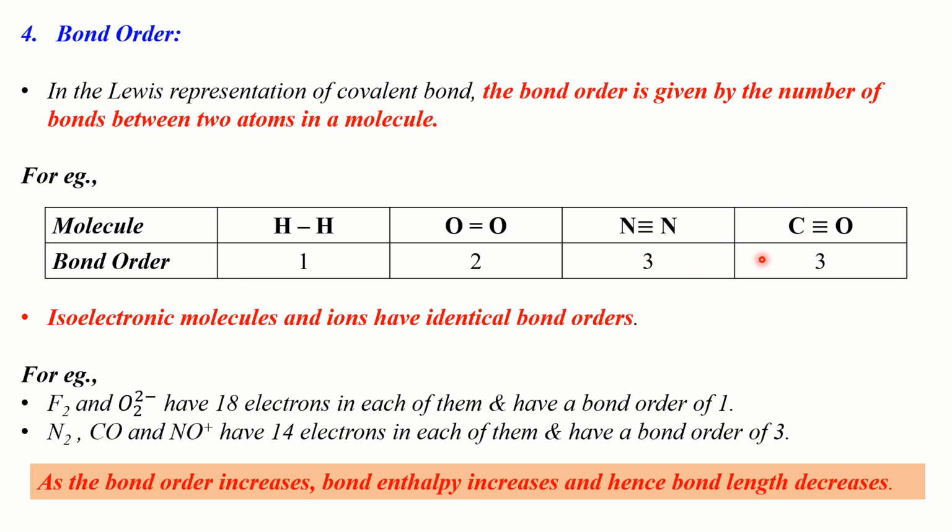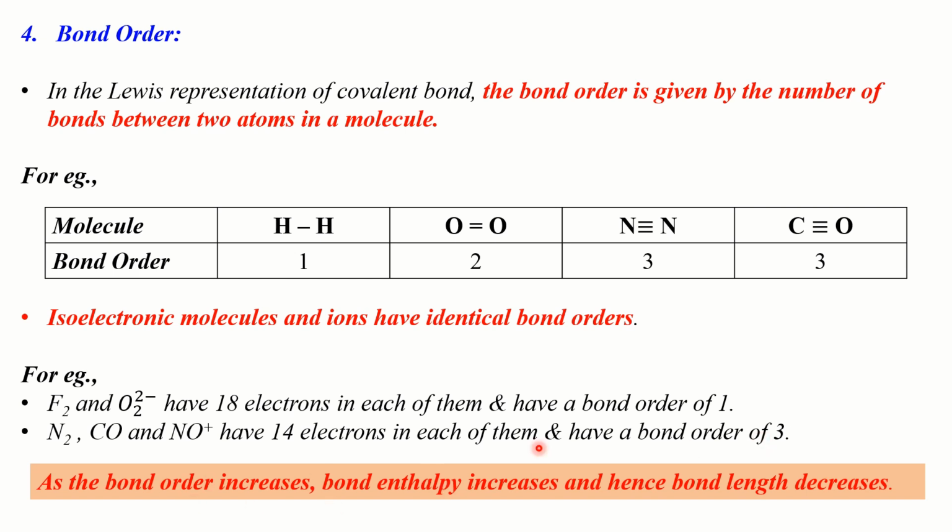So their bond order is 3. Since NO+ is isoelectronic with nitrogen and carbon monoxide molecule, it also should have the same bond order. So the bond order of NO+ ion is also 3. Clear? So this is how you must calculate the bond orders of isoelectronic molecules and ions.